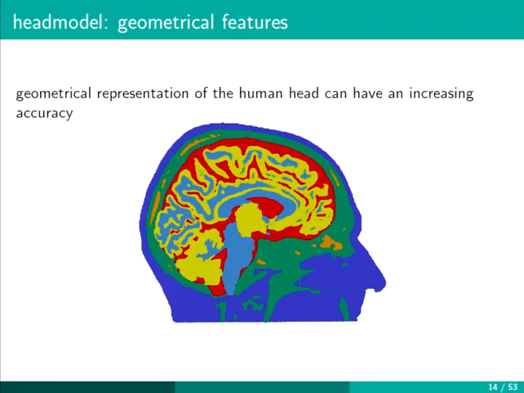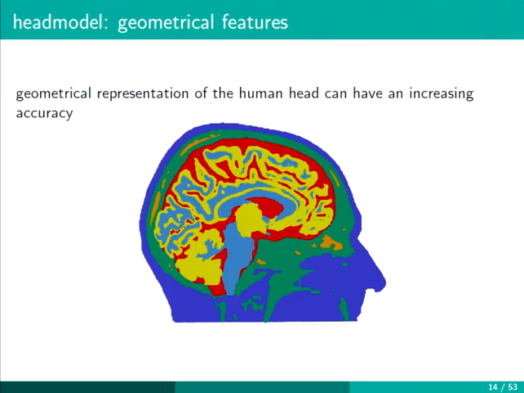So, for example, for epilepsy data, some of the patients have to be implanted with internal or deep electrodes, and so you will have holes in the skull. And this also can be represented. In this case, you will have a CT for sure, so you can segment the CT.